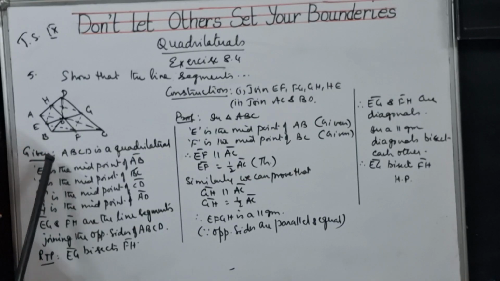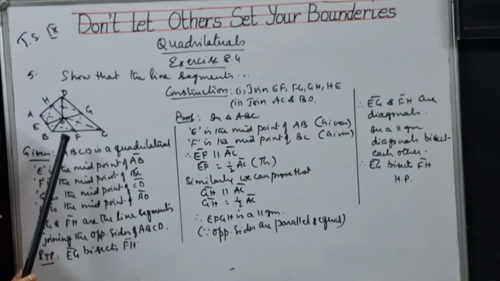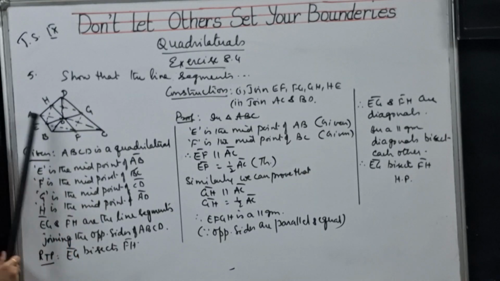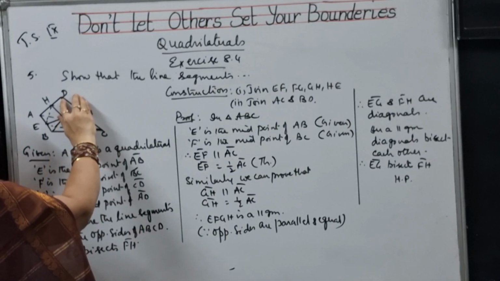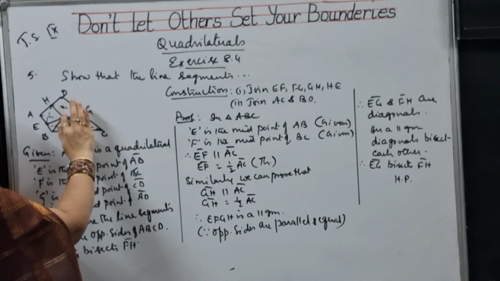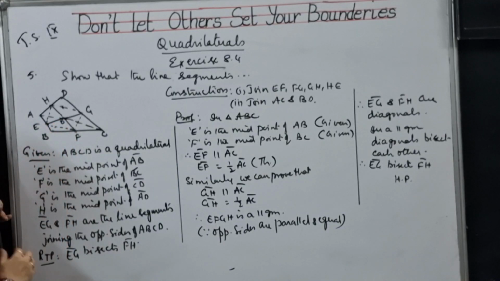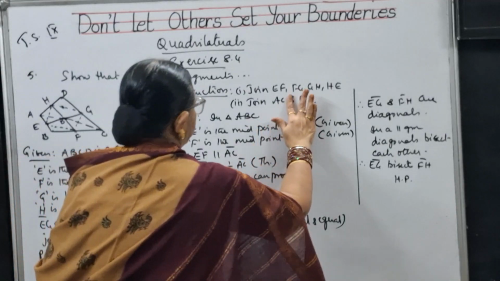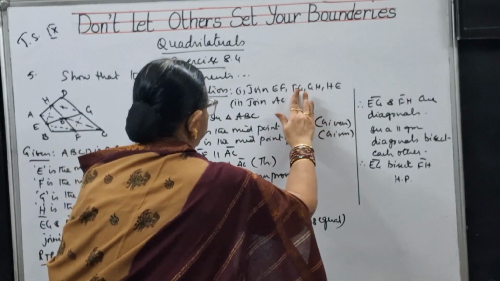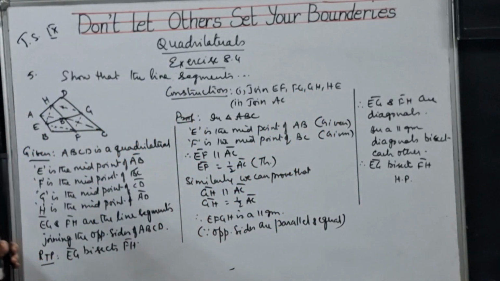So for that, we have joined EFGH and also BD and AC. Actually BD we are not using. Only AC is enough for the proof. BD is not required. So join AC.